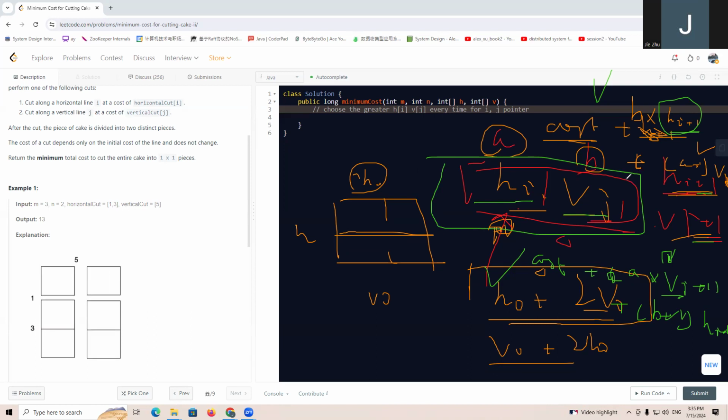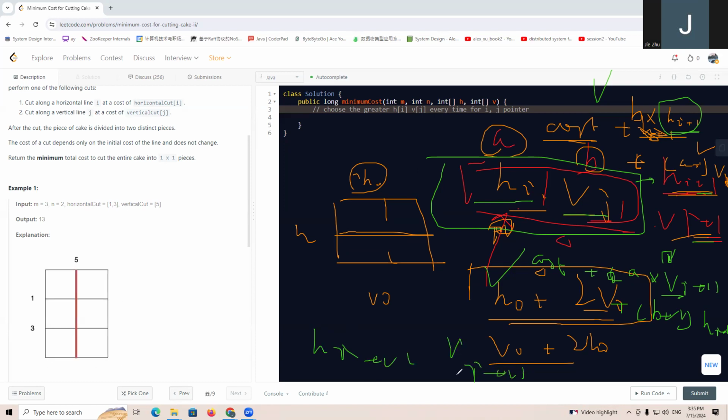We can use induction on HI plus 1, VJ plus 1 to prove the correctness, right? So we always choose the higher one to cut, and then we get a smaller cost, right?